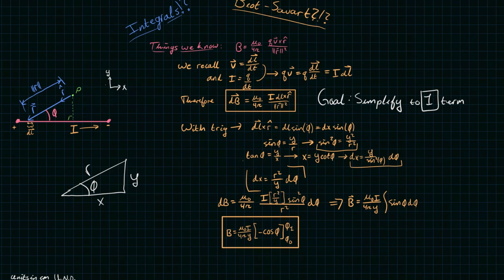There we go. Okay, so we have our r squared over y here, our d phi here, and then our r squared from the original equation, which is here. If you ever see me just write r squared, understand that it's the magnitude of r squared.